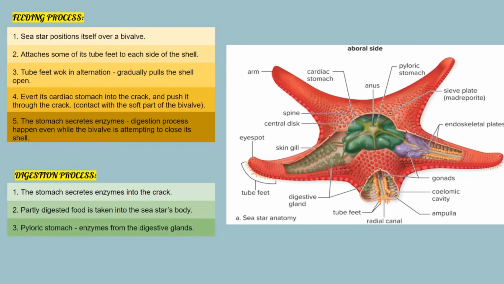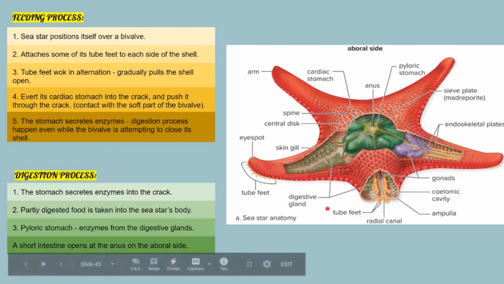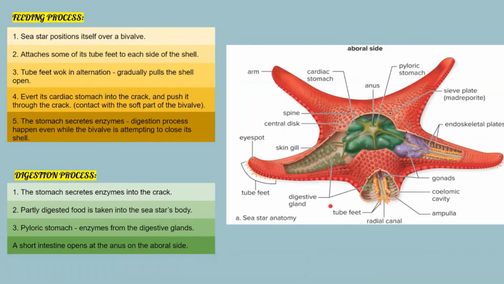There are also enzymes from the digestive glands that are used in the pyloric stomach. And lastly, a short intestine opens at the anus on the aboral side. So the sea star will eat again and repeat this process.